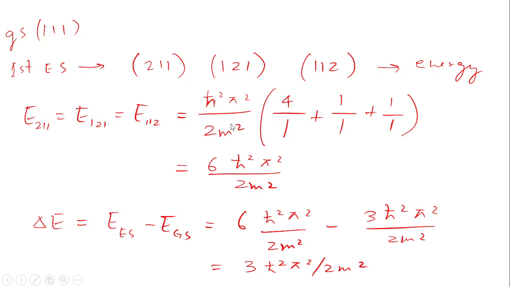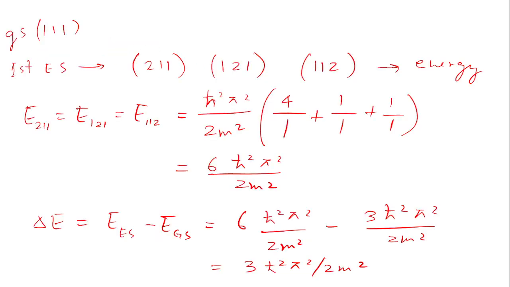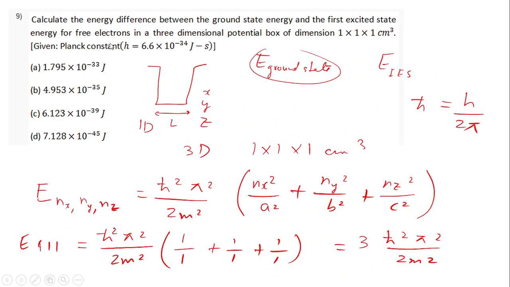So difference in energy, 3 h bar square. H bar I told is h over 2 pi, and h bar square means square of this, and because h is given, if they would have given h bar, we can use it directly.